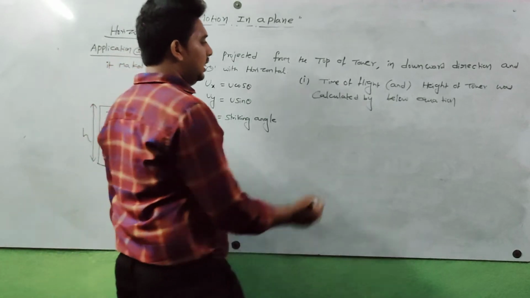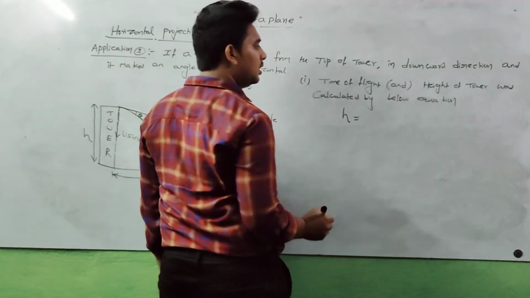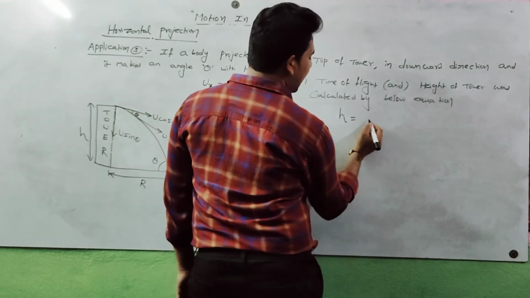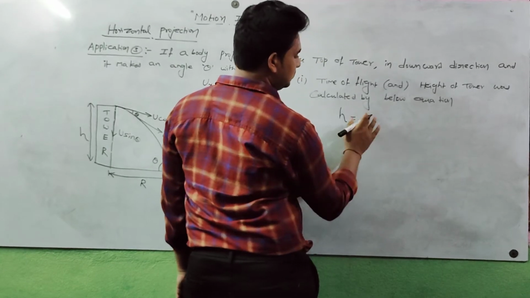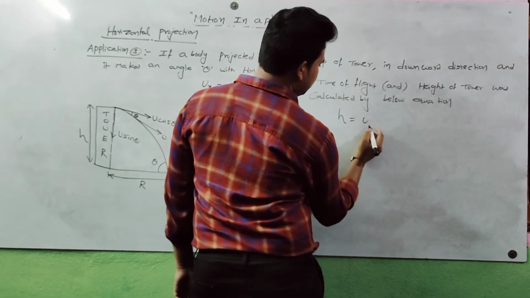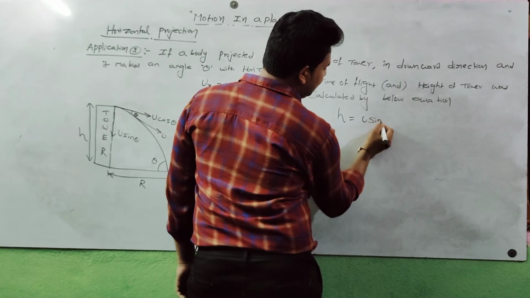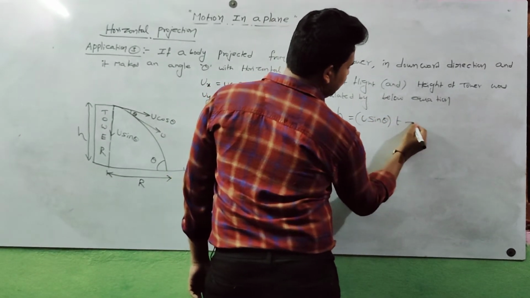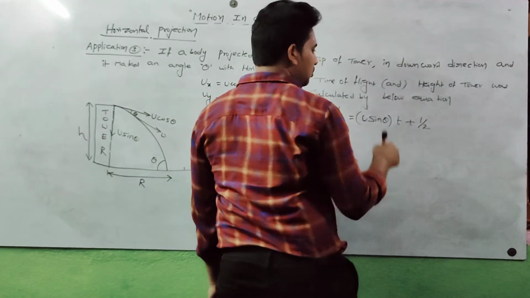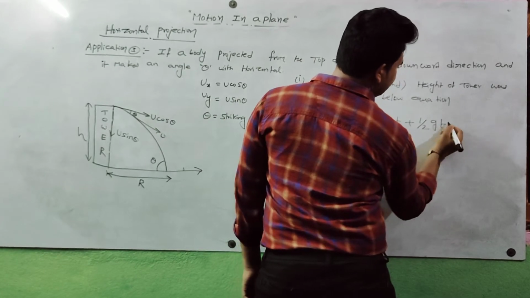How to find it? Height h is equal to ut, that means u sin theta into t plus half g t square, since the body is projected downwards.